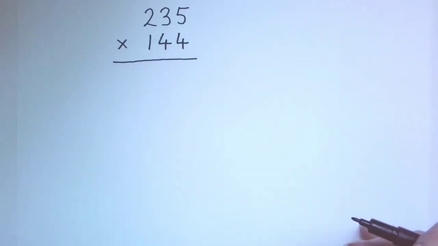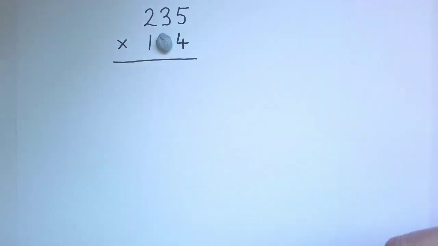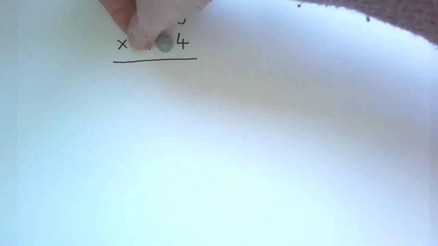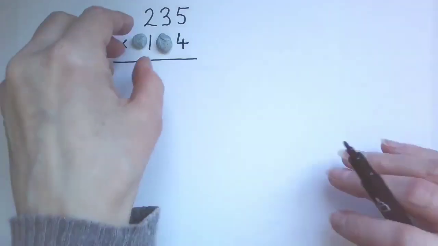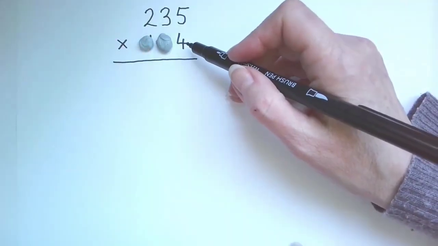So we can use our long multiplication method to multiply numbers with any number of digits. So I'm going to, first of all, here, I've got 235 multiplied by 144. So I'm going to cover up my tens and my hundreds digits, and I'm just going to focus on multiplying by the ones digit.